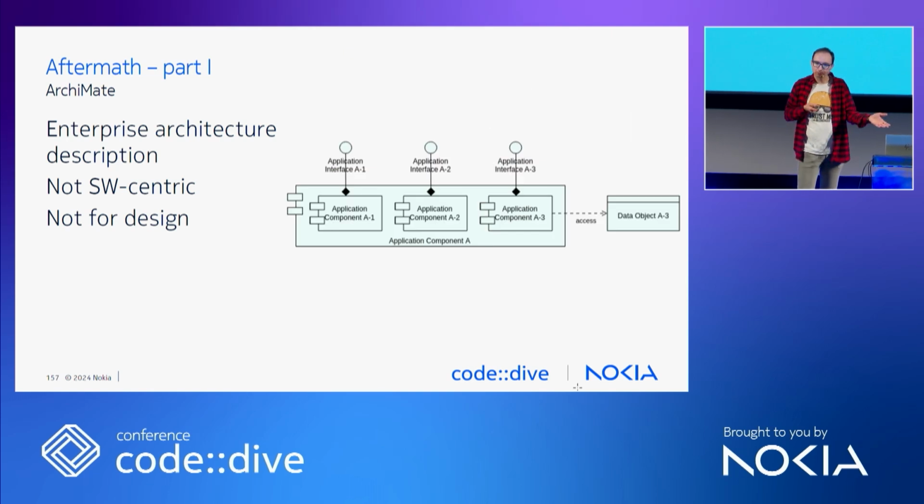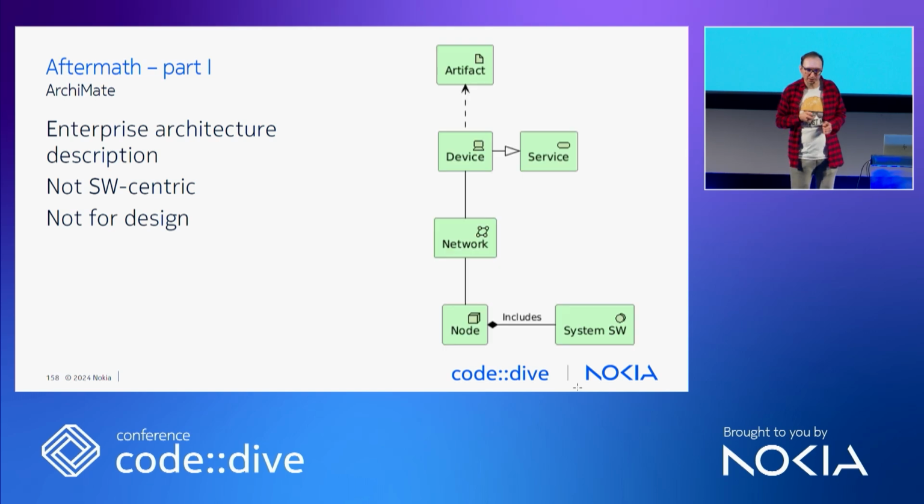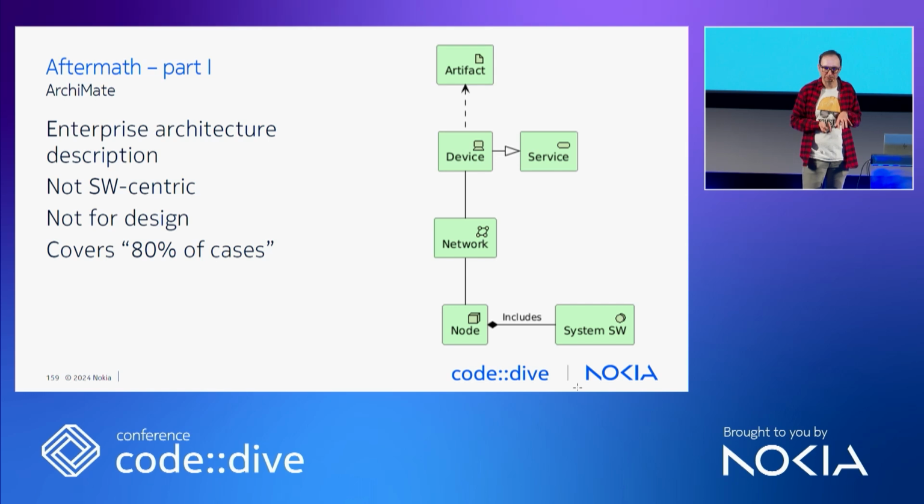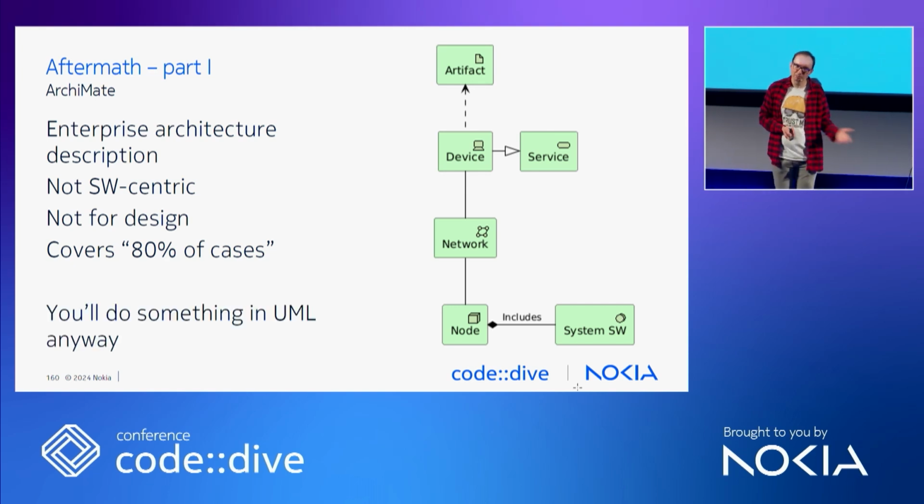You can do the diagrams that show just one level, like this example of application diagram, or this example of technology diagram, but you can do them from different views and perspectives. This is a built-in mechanism in this language, but they do not aim to do everything that UML did. They aim to cover 80% of the cases. And what you do in the rest of those 20%, well, probably UML in a way.